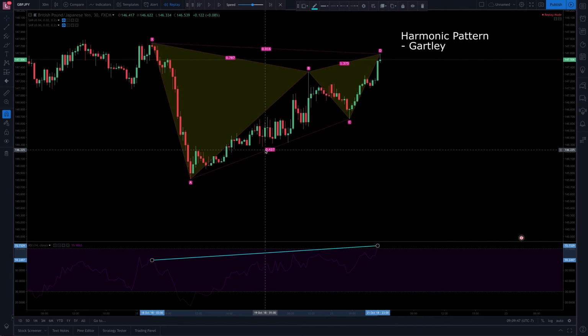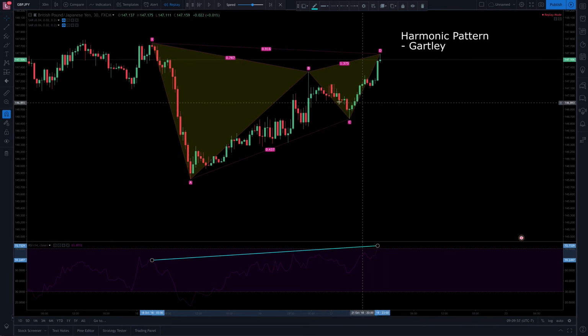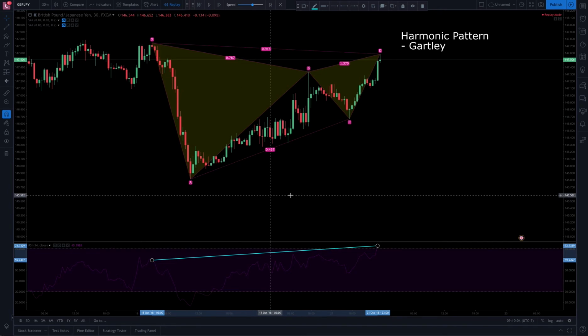Divergence is a sign of market exhaustion. The market had been rallying up to here, and then we had a reversal pattern show up, and we had divergence. There's never going to be a true reversal if you do not have divergence. So divergence was key to this.